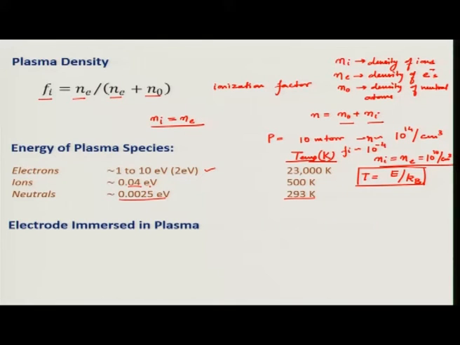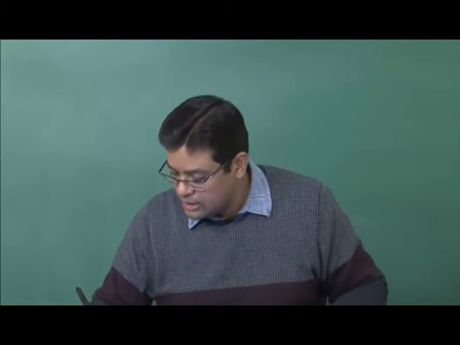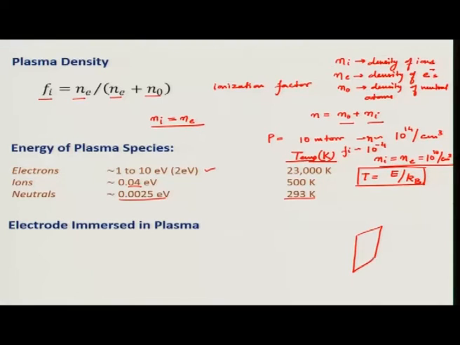What happens if we take a conducting electrode and put it in the plasma, immerse it in plasma? So, I have this electrode, and around it we have plasma. What would happen to this electrode? Now, we know that a flux of electrons and ions will be impinging on it, and since electrons have higher energy and smaller mass, their velocities are much higher.